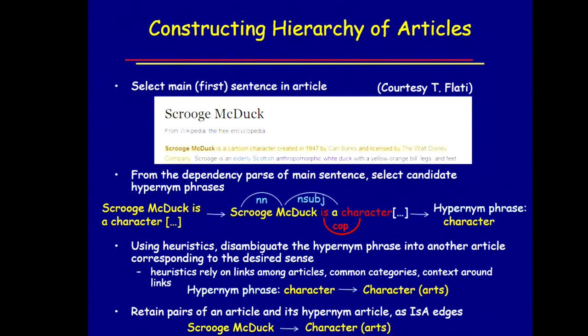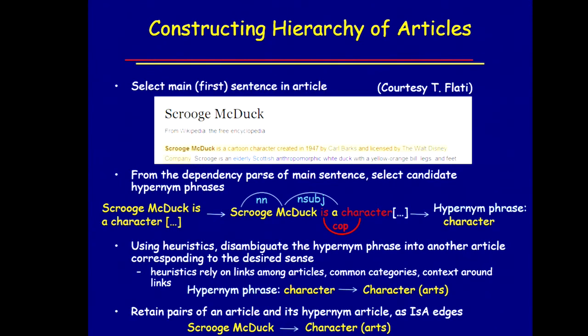If you parse that sentence and you look in the dependency parse tree, then it's not going to be that difficult to select character as a potential hypernym phrase for this article, because you kind of have X is a Y. There is an equivalent of X is a Y in dependency parse space.